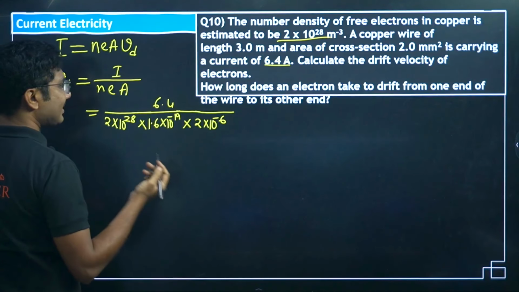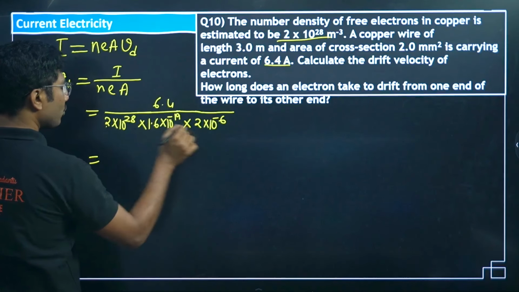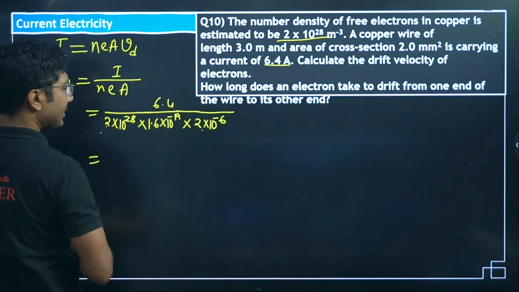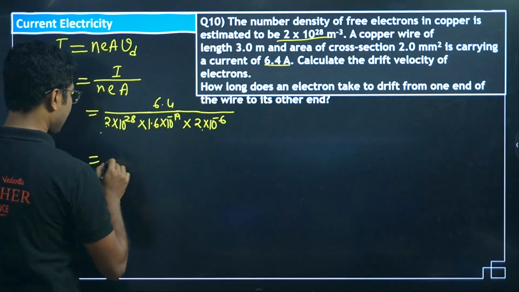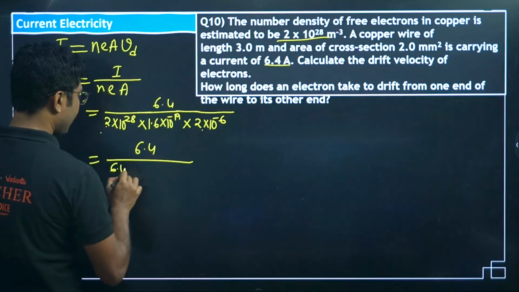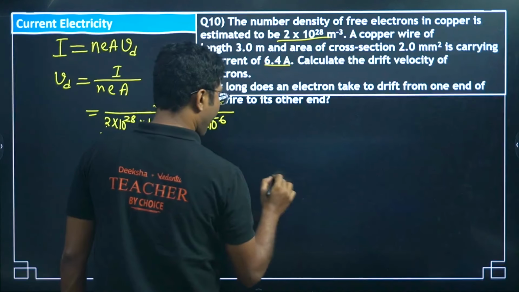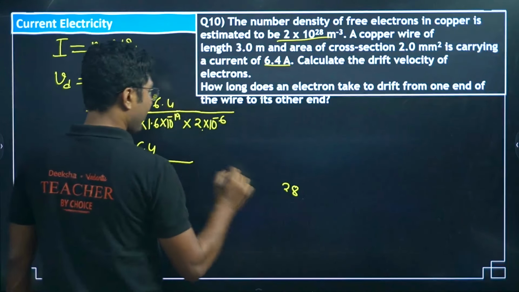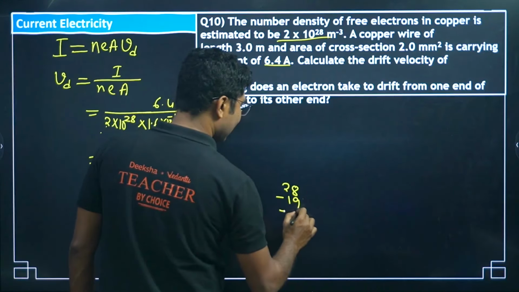It is as simple as that. Now, let us see. 2 2s are 4, 4 into 1.6 is 6.4, right. So, 6.4 over here, 6.4 over here, and then 10 to the power of 28. Then we have minus 19 and we have minus 6.